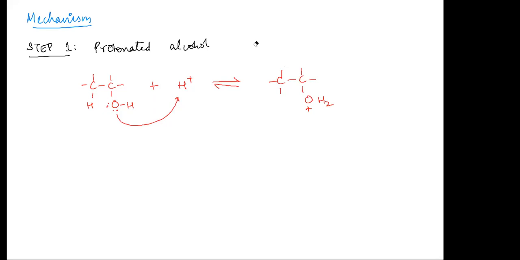Let me color code it. It'll be easier. This is H plus. तो ये positive charge आएगा and so one is the original alcohol का hydrogen and the other is proton से जो add हुआ, that one.